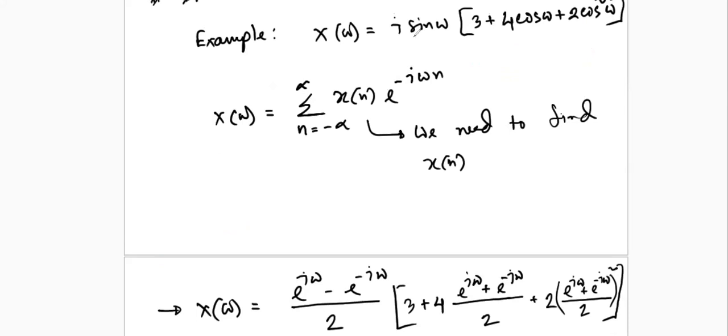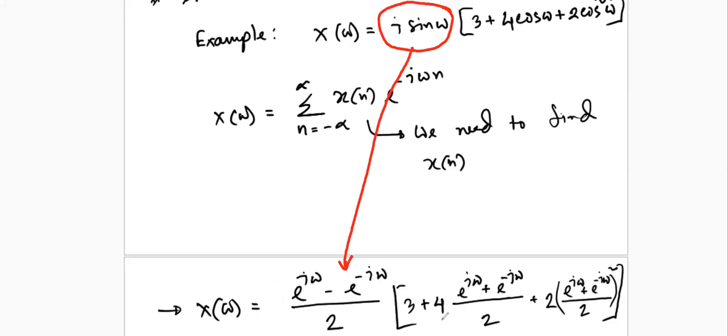As you can see, sin omega can be written as (e to the power j omega minus e to the power minus j omega) divided by twice j. There is a twice j, and since there is another j before that, they will cancel each other. So that's why we can write it like this.